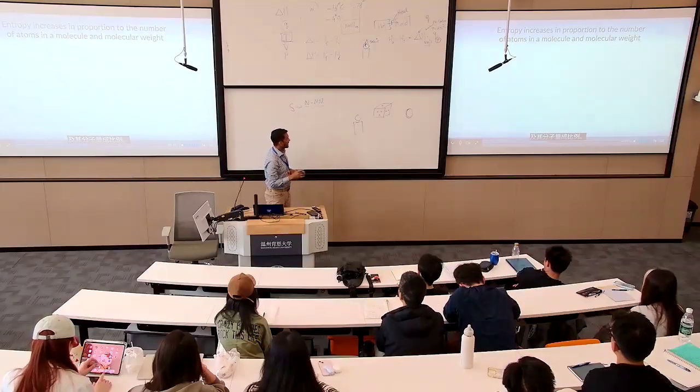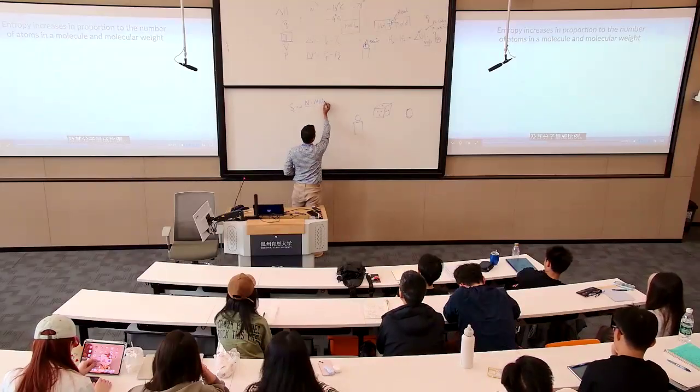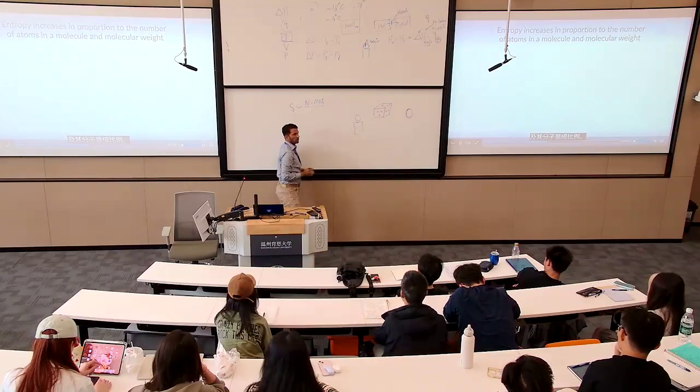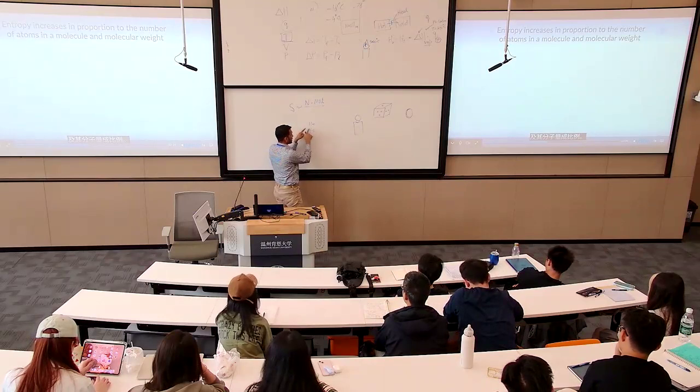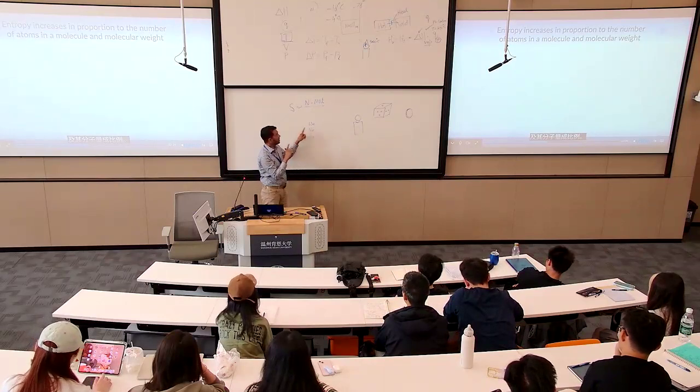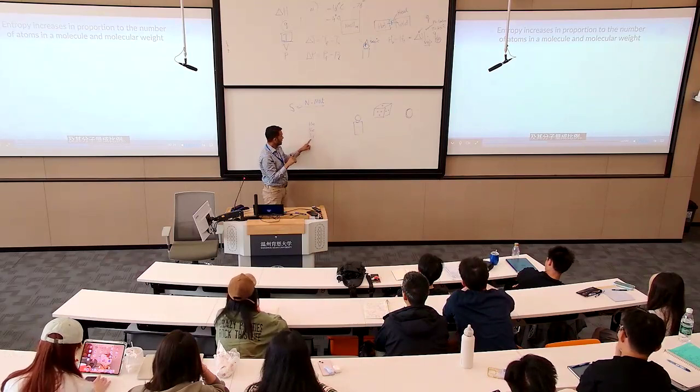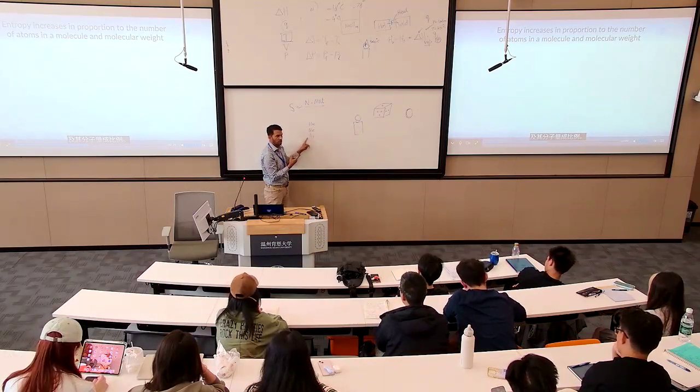Even at the same temperature. Secondly, molecular weight. If I say helium, neon, argon, which atom has more entropy? Both have the same number of atoms, so the one whose atomic mass or atomic weight is higher has more entropy, okay?